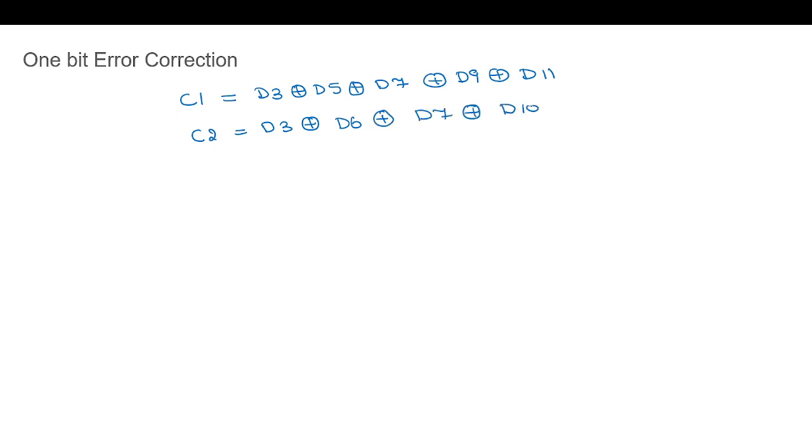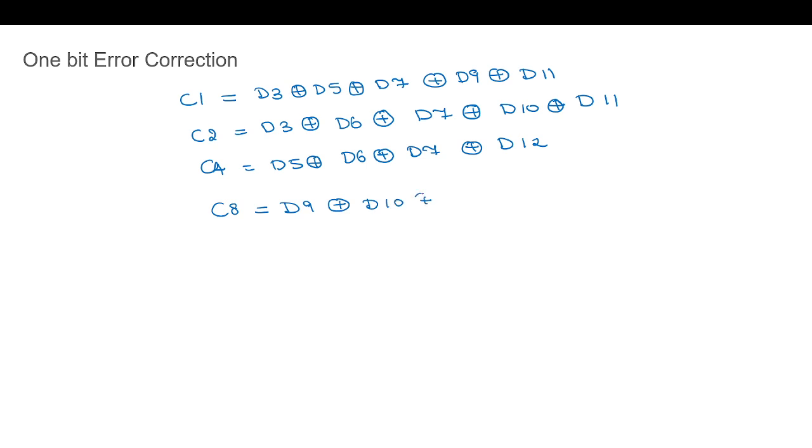We'll use the same for correction, but with one slight modification. D5, D6, D7, D12, and for C8, it was D9, D10, D11, D12.